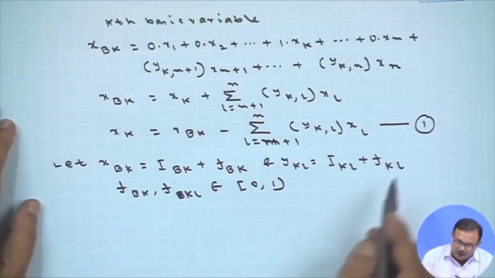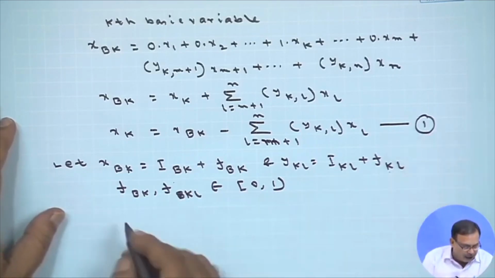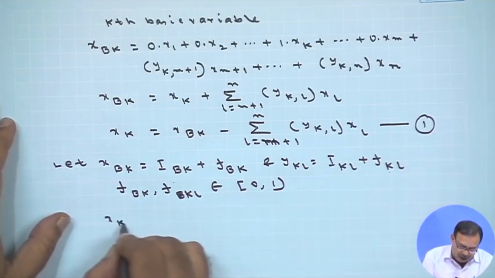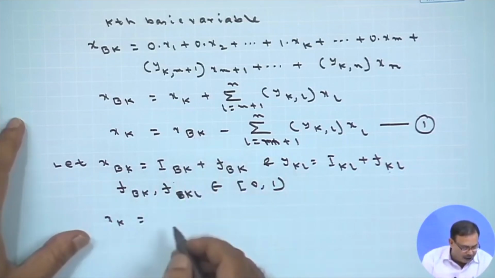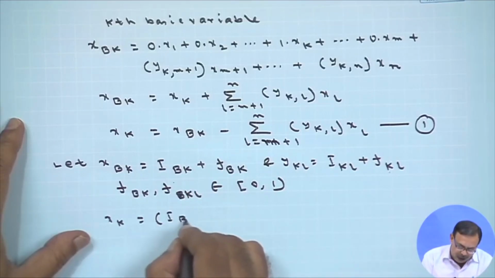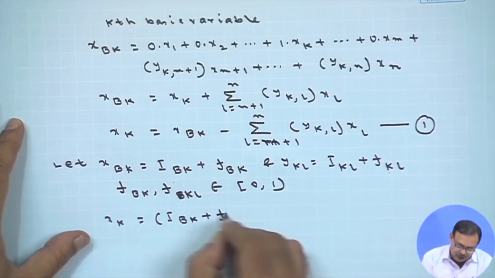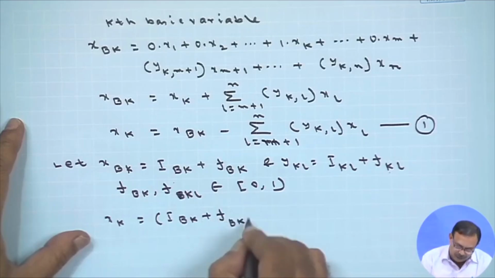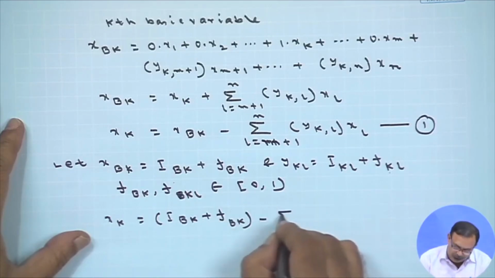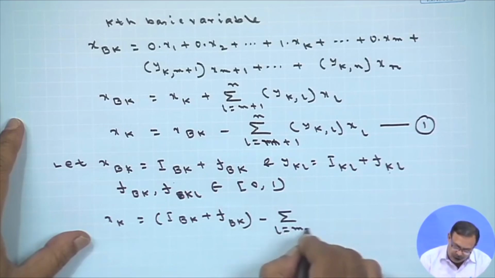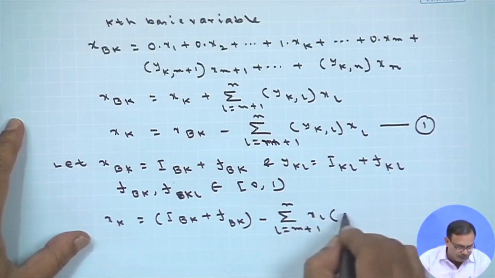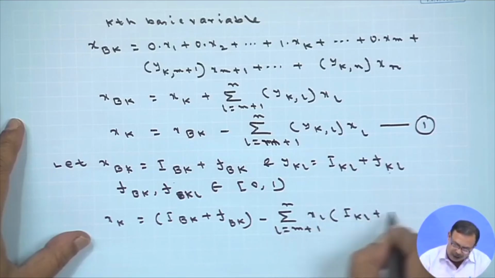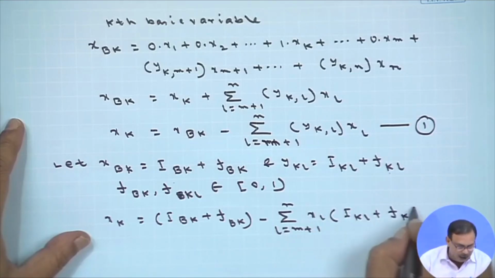So, therefore, from 1 I can write down xk equals, just substituting the values of xbk and ykl, ibk plus fbk minus summation l equals m plus 1 to n xl into ikl plus fkl.